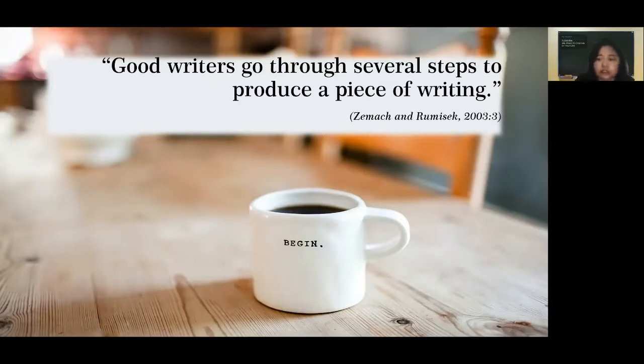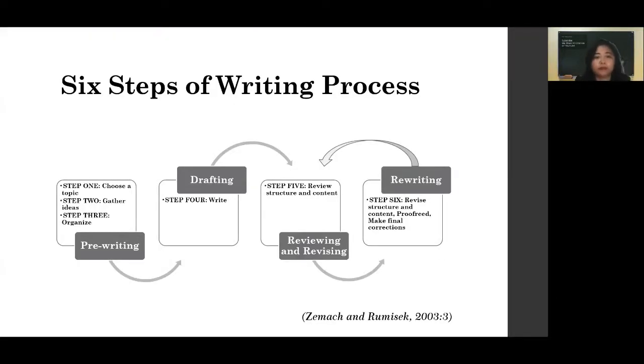Let's see this slide. Here are the 6 steps of the writing process that you need to pass to have a good piece of writing. This is based on Zemach and Rumisek 2003, page 3 of their book. There are 4 big steps here.